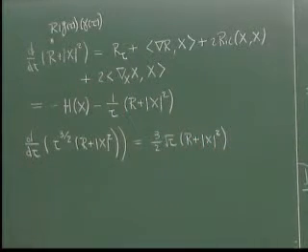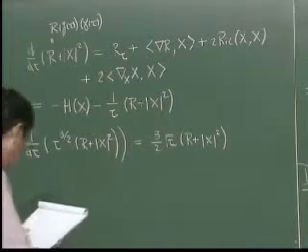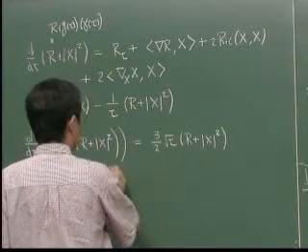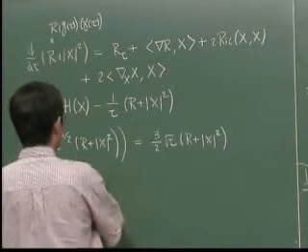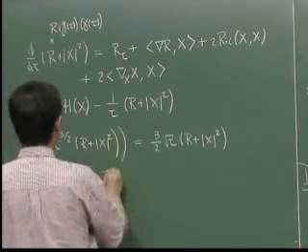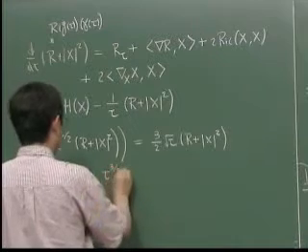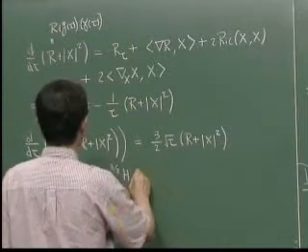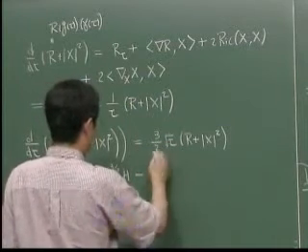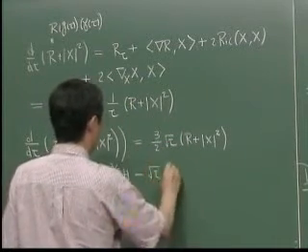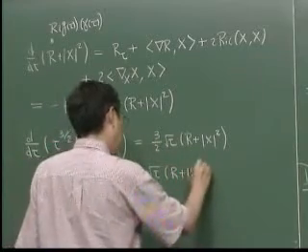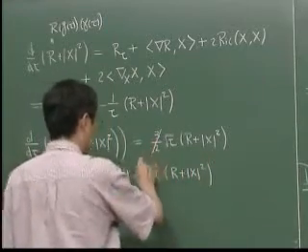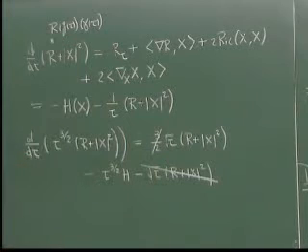Okay. And then I get this is a tau to the 3 over 2 of H, and then this is minus square root of the same thing. So this cancels this. Okay, this cancels this.